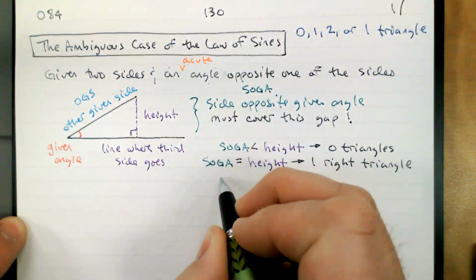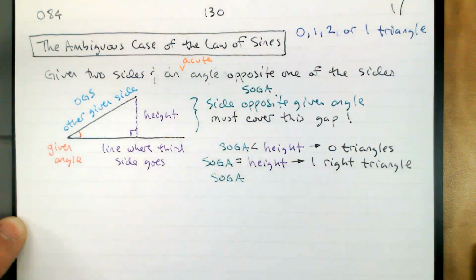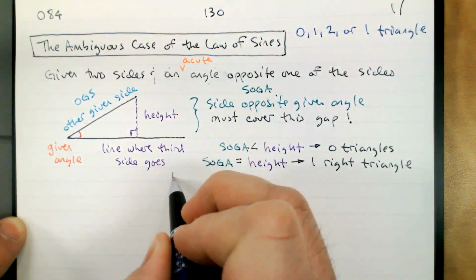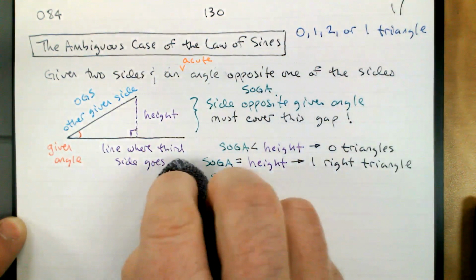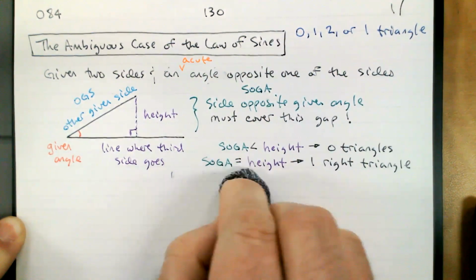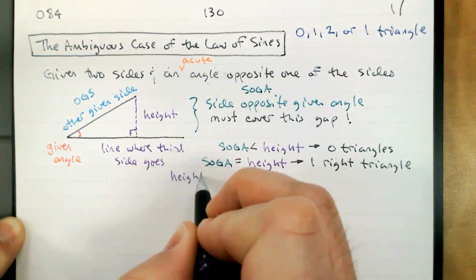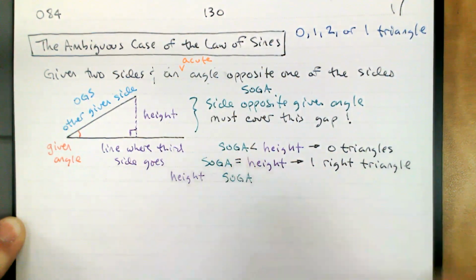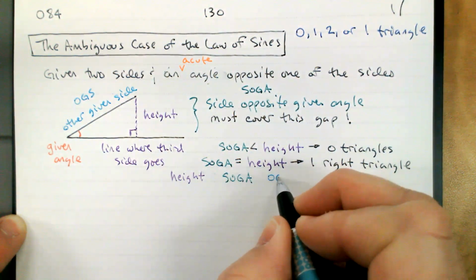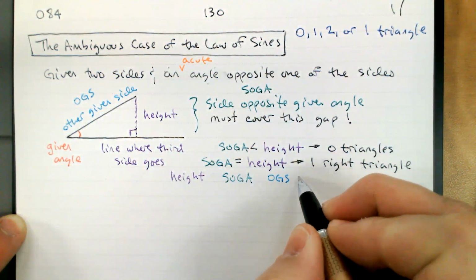So if the side opposite the given angle is greater than the height, but less than the other given side, then we have 2 triangles.